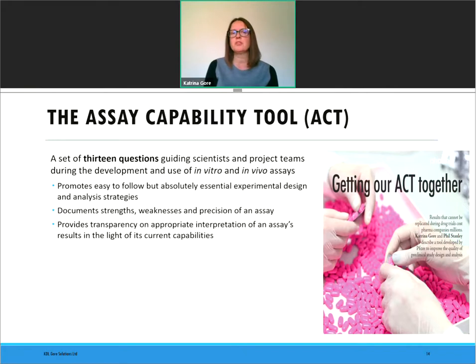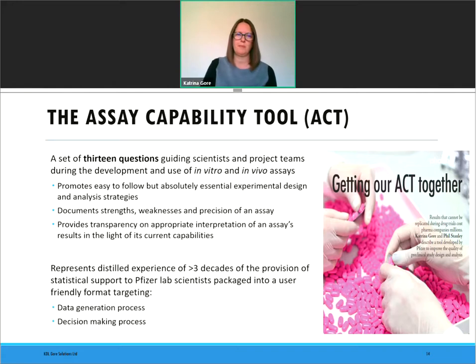It documents the strengths, weaknesses and precision of an assay, and provides transparency on the appropriate interpretation of an assay's results in the light of its current capabilities. It basically represents the distilled experience of more than 30 decades of the provision of stat support to Pfizer lab scientists. And it's packaged into a user-friendly format targeting data generation process, decision-making process.